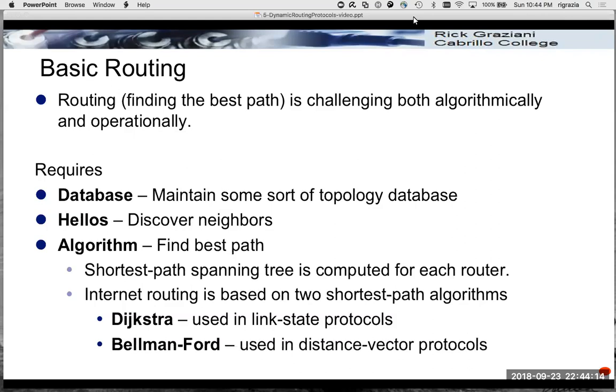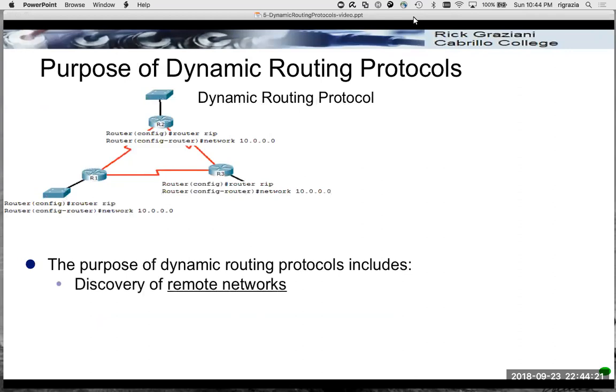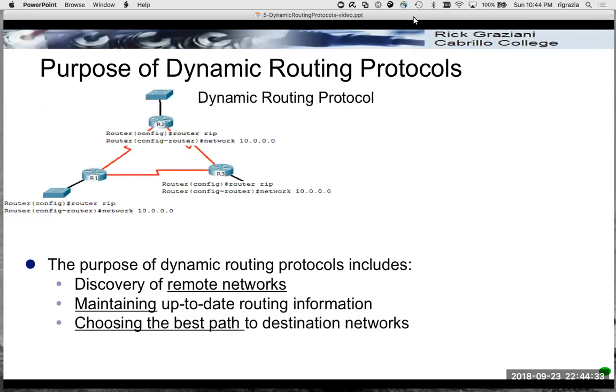And there are two basic routing algorithms: Dijkstra, used for link state routing protocols, and Bellman-Ford, used for distance vector routing protocols. Okay, so what is the purpose of a dynamic routing protocol? Well, discover remote networks automatically, dynamically, without any manual intervention from the network administrator, and maintain up-to-date routing information. Choose the best path to these destination networks, and make sure that they're loop-free, so router R1 isn't sending it back to R2, which sends it back to R3 and back to R1.